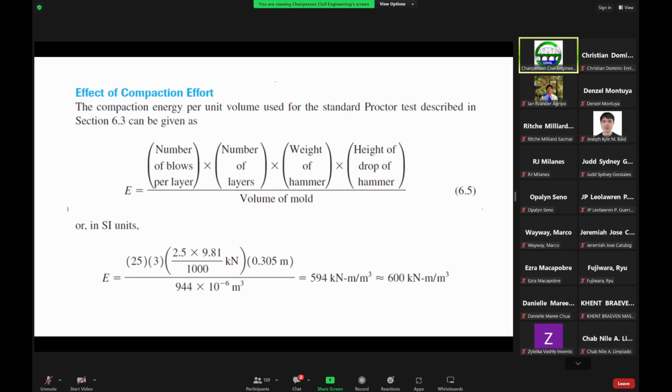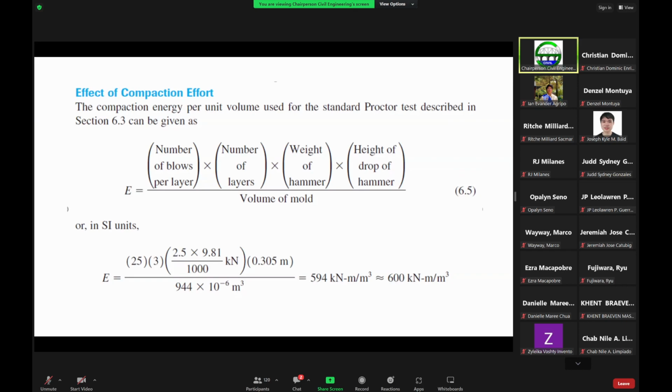The compaction energy per unit volume used for the standard Proctor test can be given by this equation, where the compaction energy is equal to the number of blows per layer, because you recall you have a hammer, so you do a number of drops or blows.